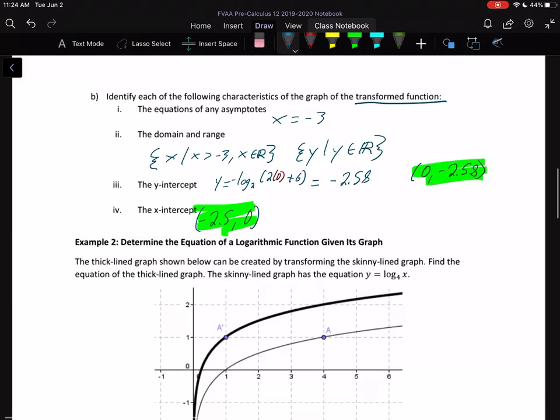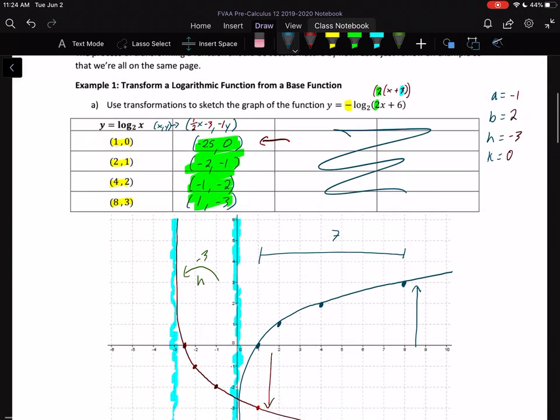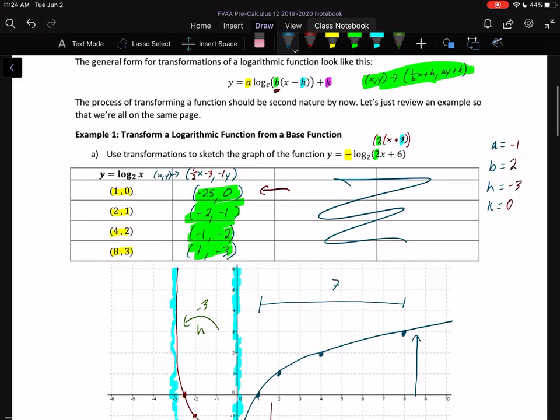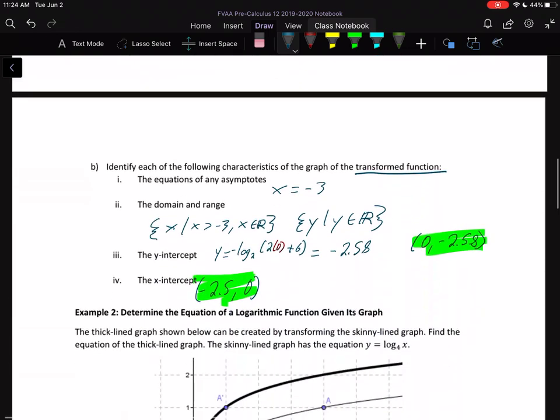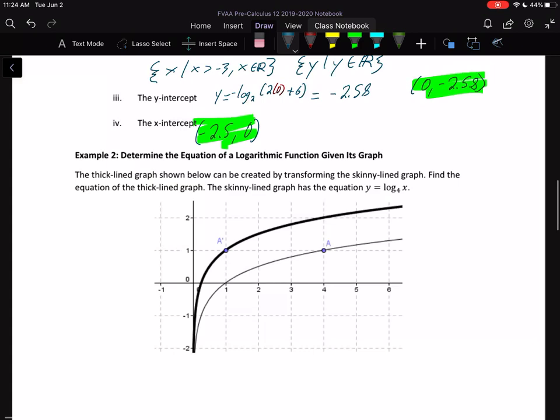All right, so now, of course, we have to know not just how to go from a transformed equation to a transformed graph, but determining a transformed equation from a transformed graph. Okay, we're working backwards. So the thick line graph shown below can be created by transforming the skinny line graph, and then find the equation of the thick line graph.